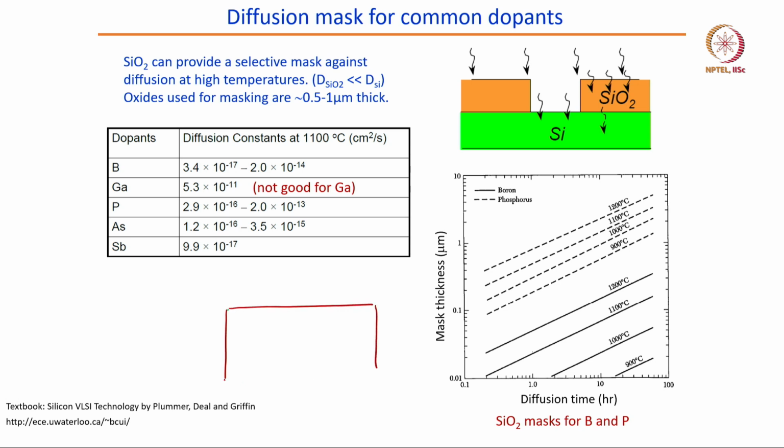This is a silicon wafer. I want to dope phosphorus into this wafer. So, I will pattern the wafer like this, and this is my silicon dioxide.